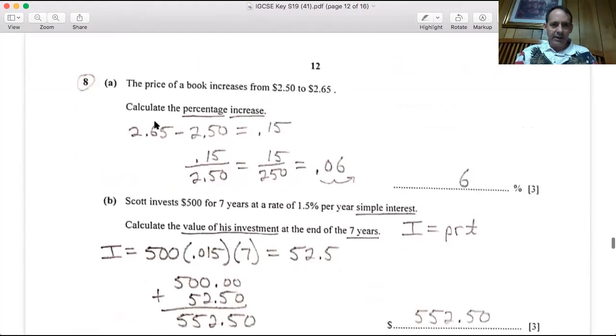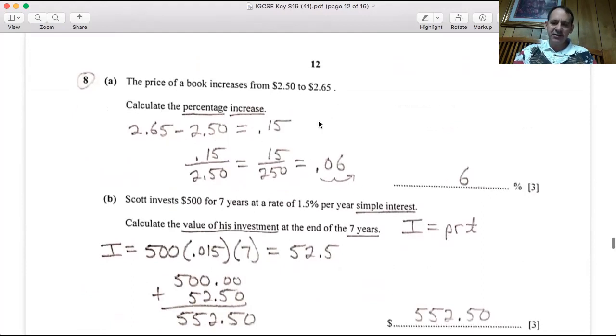Now we have the price of a book increases from $2.50 to $2.65. Calculate the percentage increase. So first let's find the increase. The higher minus the lower gives us an increase of 15 cents. Percentage increase means we divide it by the original price.